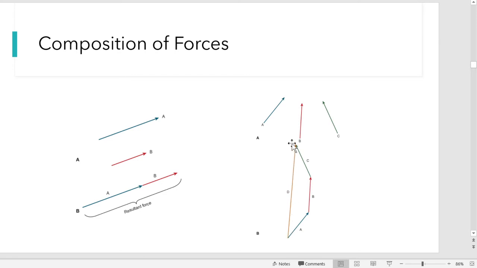If you're going to measure using your scale, one box is to 1 centimeter, then if this is equivalent to 5 boxes, you just multiply it, then you will have 5 centimeters for your resultant force. If it is in terms of Newton, 1 box is to 1 Newton, then this is equivalent to 6. Oh, 6 Newton. 5 Newton rather, if you have 5 boxes in your resultant force.